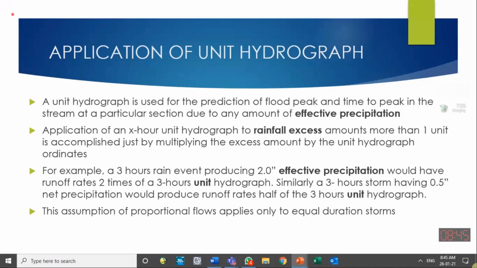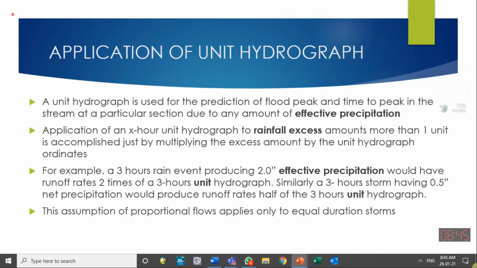The unit hydrograph is the direct runoff for 1 inch rain. So if I have 10 inch rain, if the rainfall for which I want to estimate the runoff, the flood, is other than 1 inch, then I can use the unit hydrograph. I will multiply the effective rainfall for which I want to find the direct runoff with the ordinates of the unit hydrograph, and I will get the direct runoff hydrograph of that higher or lower rainfall other than 1 inch.